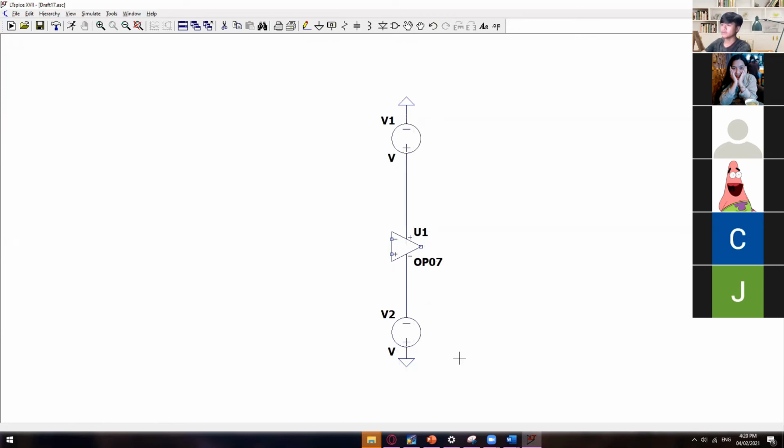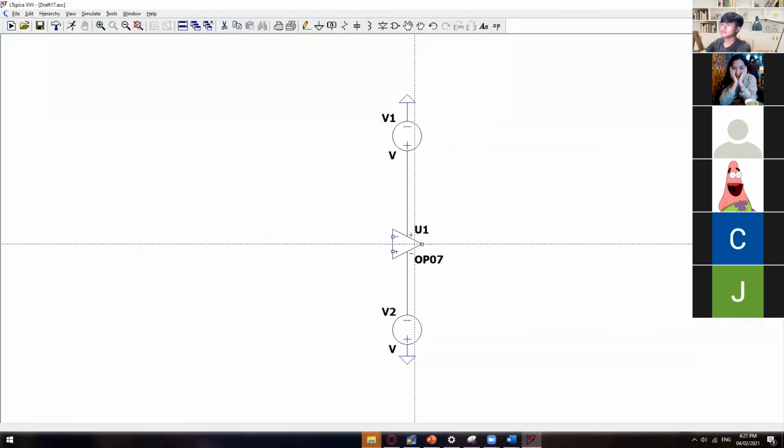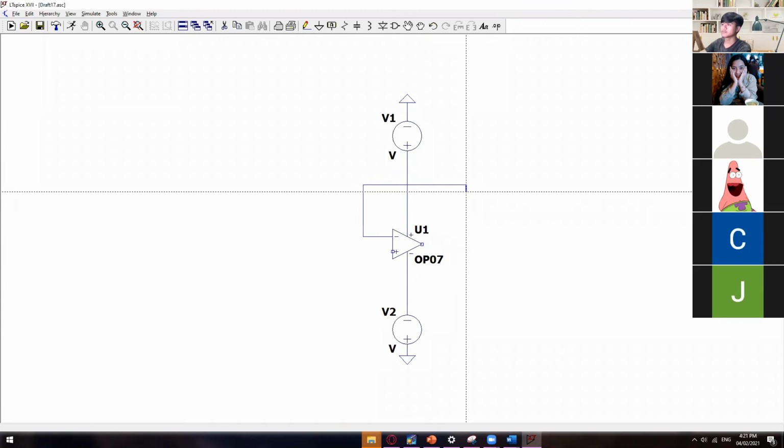And then we have here a feedback resistance, or in voltage to current conversion, this one now is R load, and then we have here the R1. Okay, this is the R load.